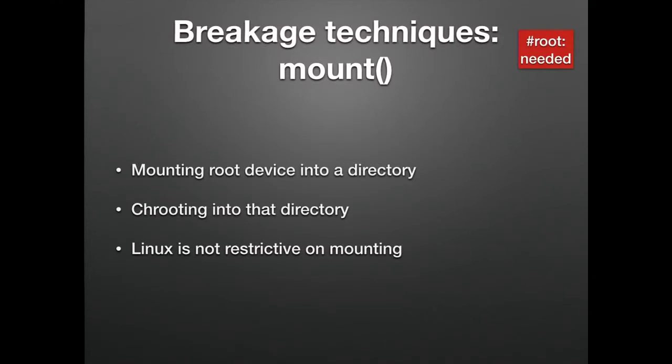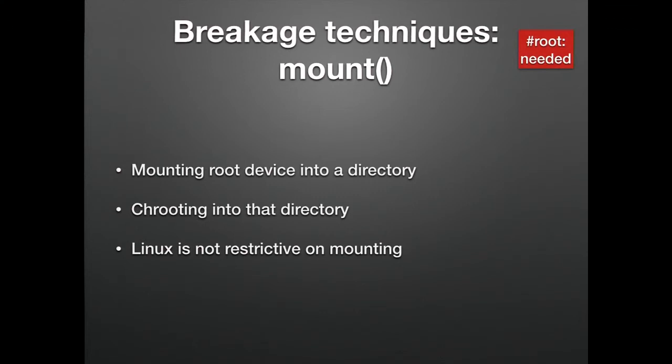The fourth technique is the mount. So you just look for the root partition, the root device of the operating system. You mount it in a directory, and because it's the root, you can chroot into that. So it's really easy to do.